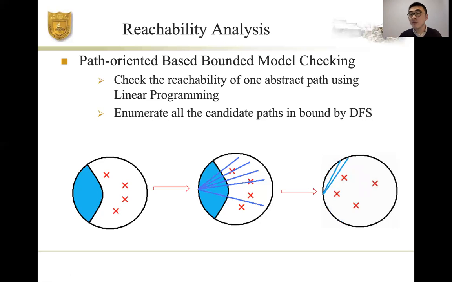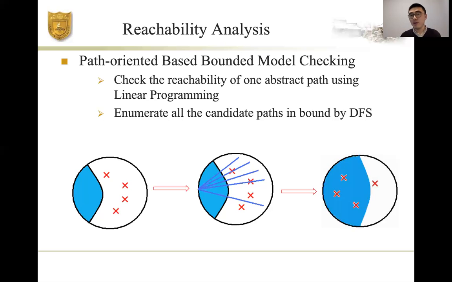And once we can solve one path, what can we do? You want to do BMC, right? When you give a fixed value of the bound, the number of potential paths in this bound is finite. The most simple, straightforward way is just to enumerate all the candidate paths in the bound by DFS, depth first search, right?